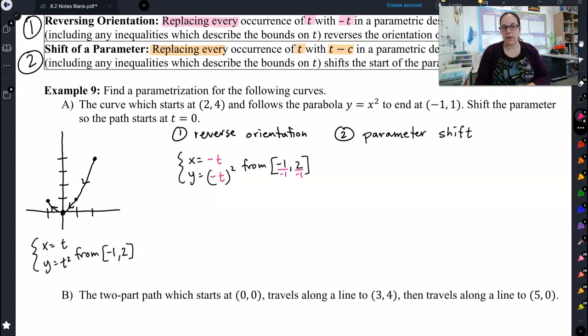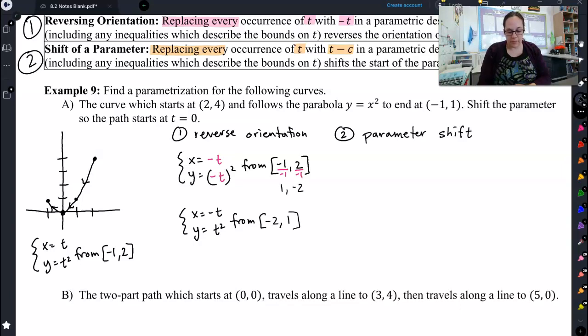Change the sign on them. So now this is going to give me x equals negative t. For y equals negative t squared is still just t squared, but it's from 1 to negative 2. But we always list it from least to greatest. So that means I'm putting the negative 2 here and the 1 there.